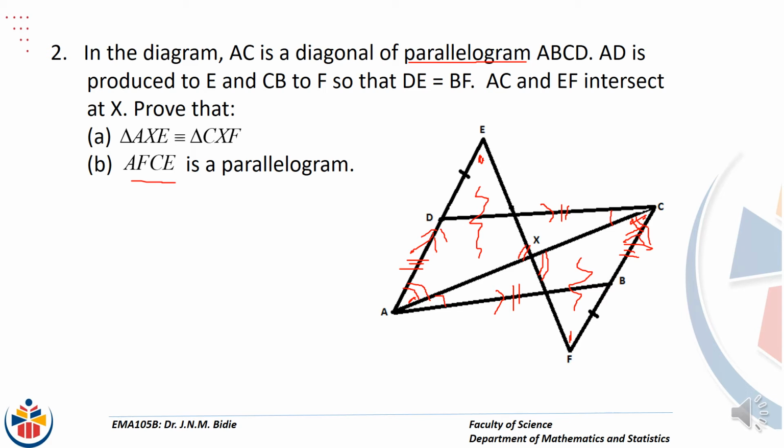Therefore, we can say AFCE is a parallelogram. By just proving the congruency in A, then it leads us to the equality of those two angles, which are alternating as per the parallelogram properties.